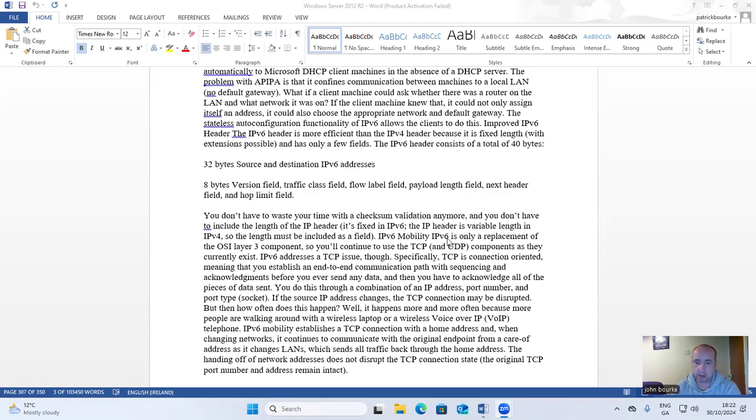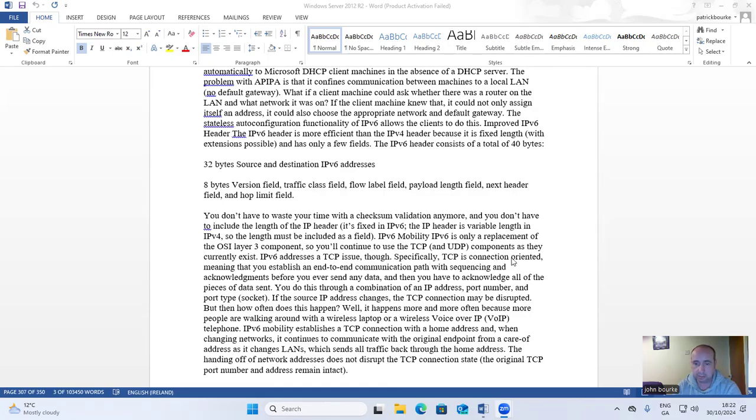IPv6 mobility. IPv6 is only a replacement of the OSI layer 3 component, so you'll continue to use the TCP and UDP components as they currently exist. IPv6 addresses a TCP issue, though.